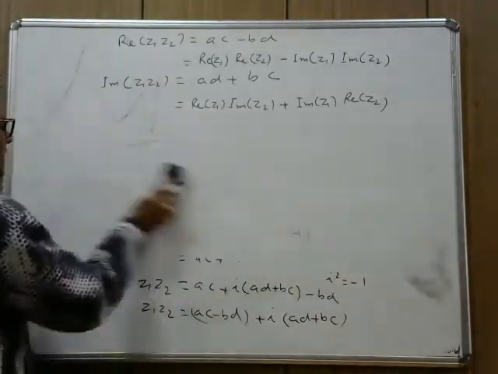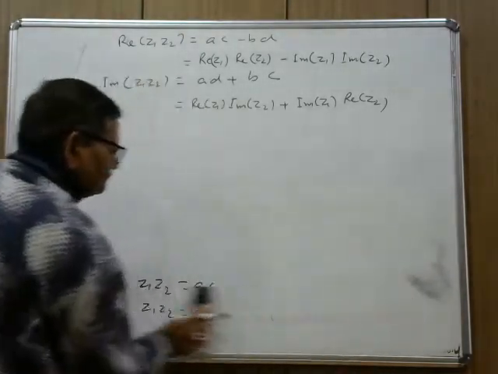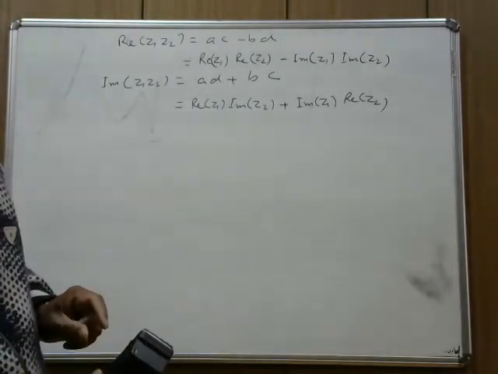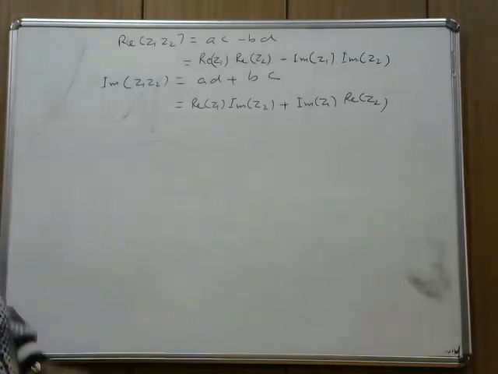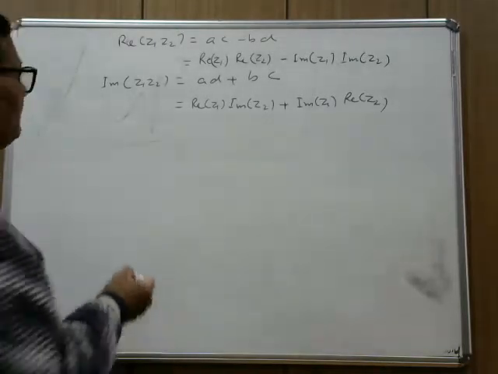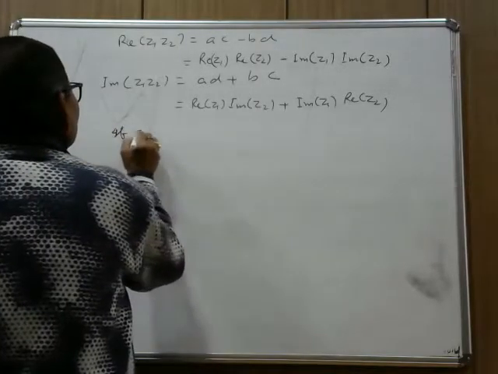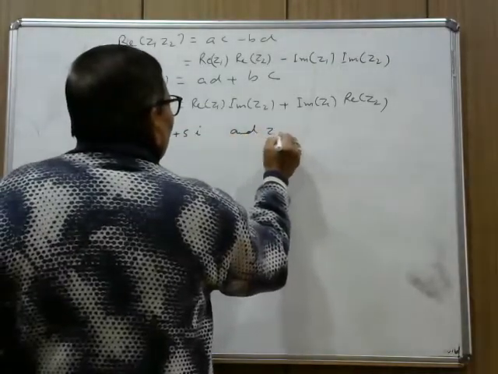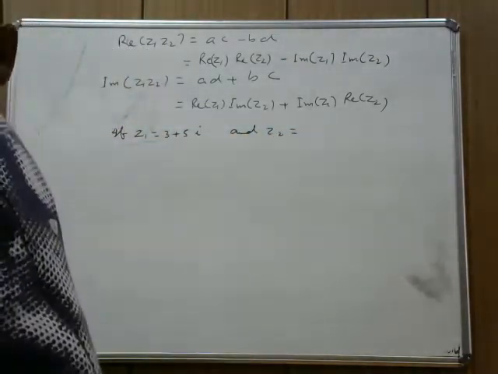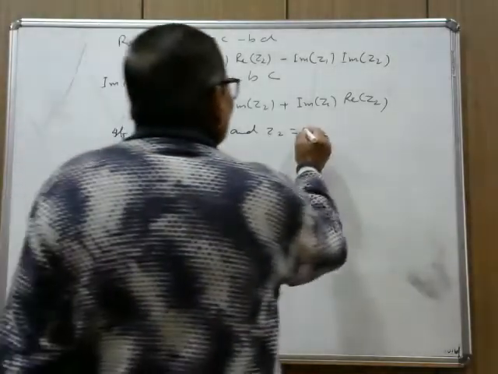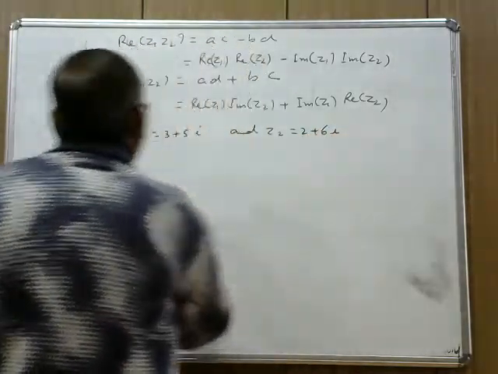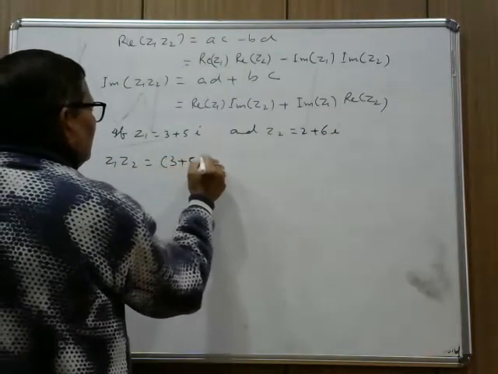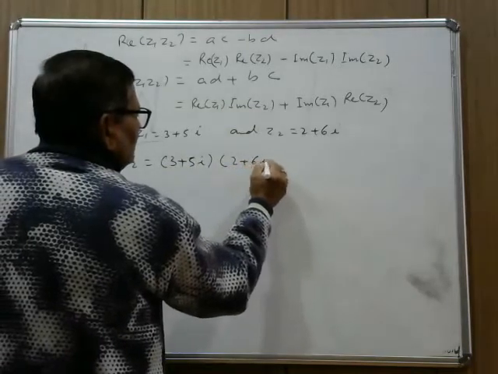So now take an example for the product. If Z1 equals 3 plus 5i and Z2 equals 2 plus 6i, then your product Z1 Z2 equals 3 plus 5i multiplied by 2 plus 6i.